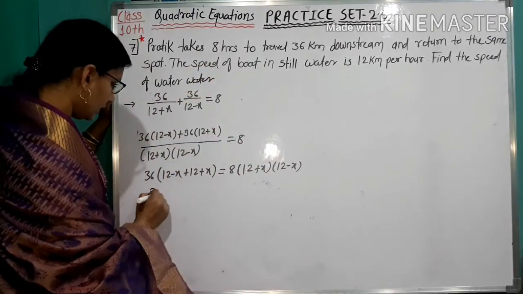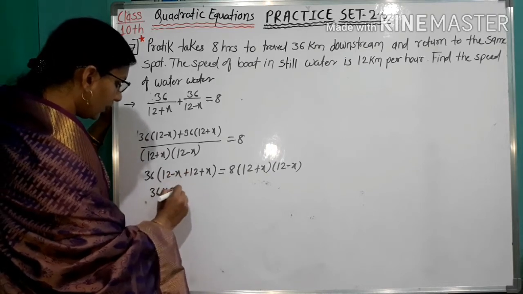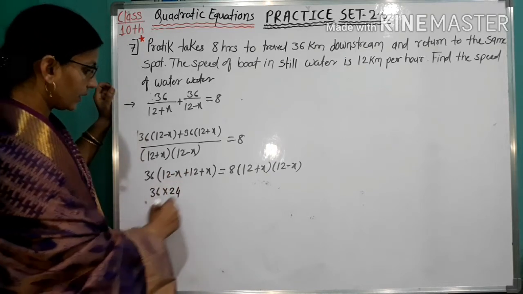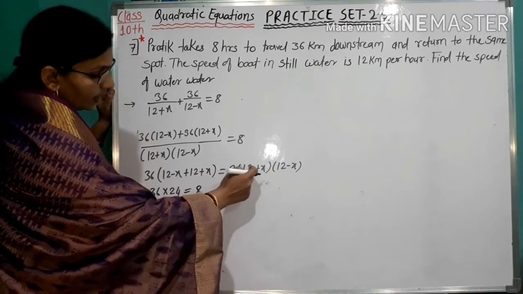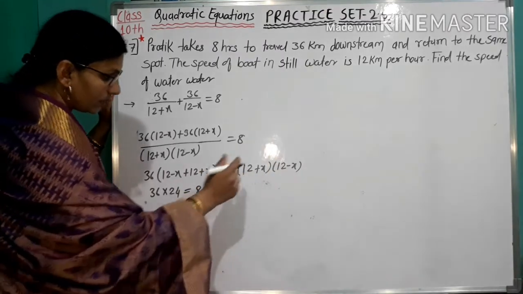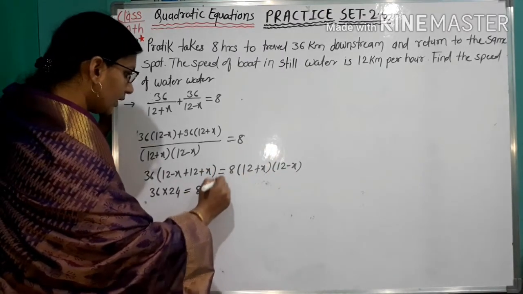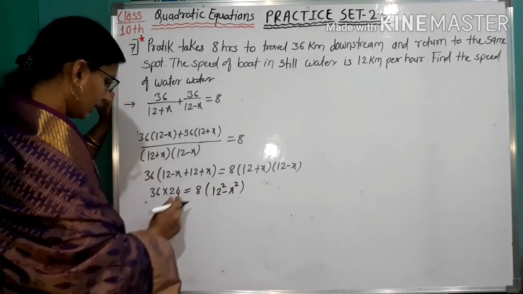By solving this, x gets cancelled, this is 24 equal to 8. A plus b, a minus b: square of first term minus square of second term, that is 12 square minus x square.